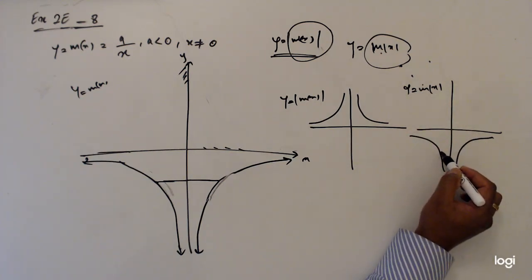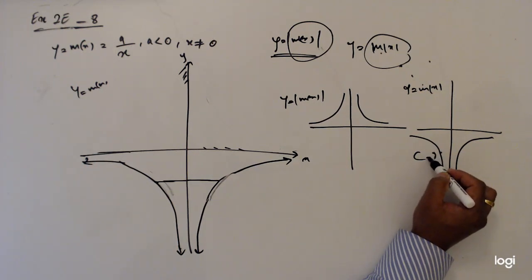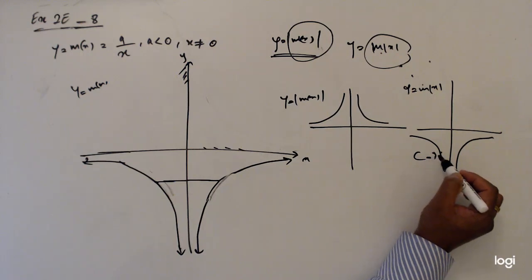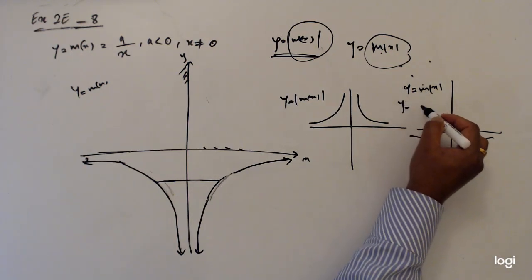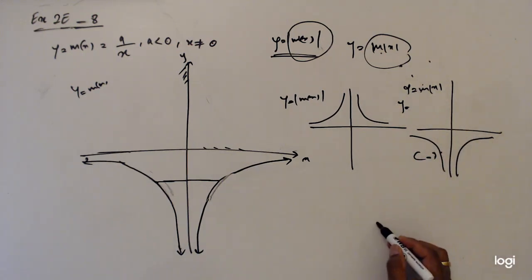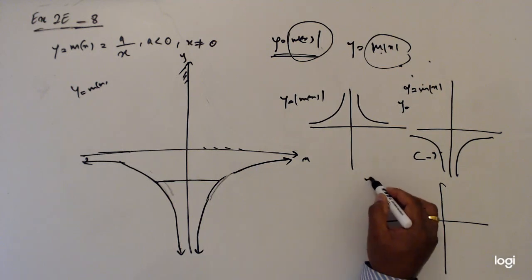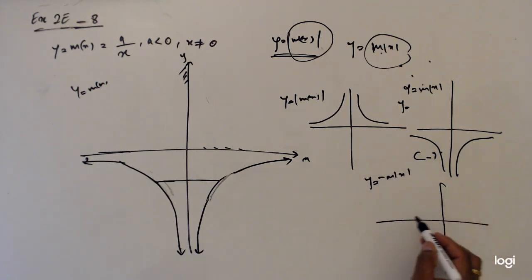This is negative y value. To make this one positive, I want to multiply by another negative. It means if I draw this curve, y equal minus m mod x.